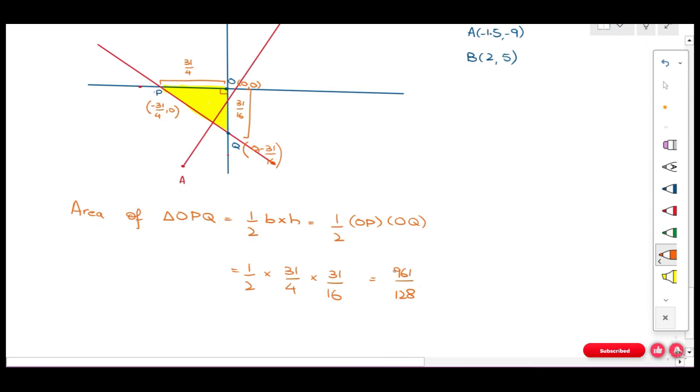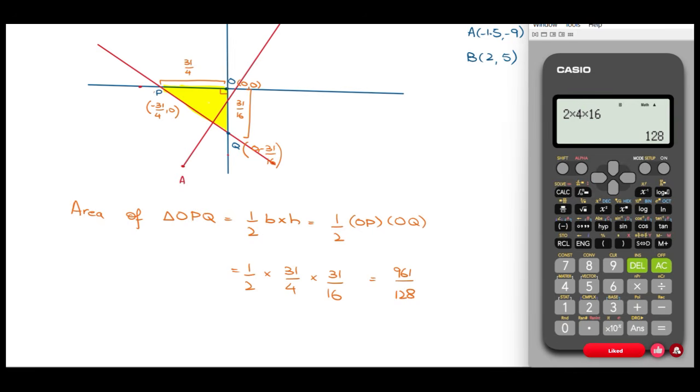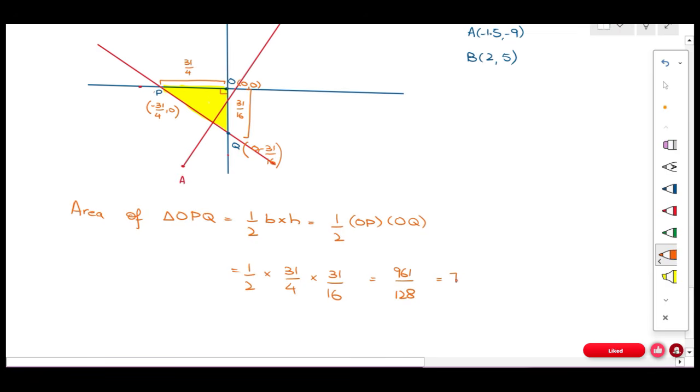So this would be the area of the triangle, or you can convert it into decimal representation as well. 961 divided by 128 is 7.507 or 7.51. 7.51 square units. That is the area of the triangle OPQ. I hope this is clear now.